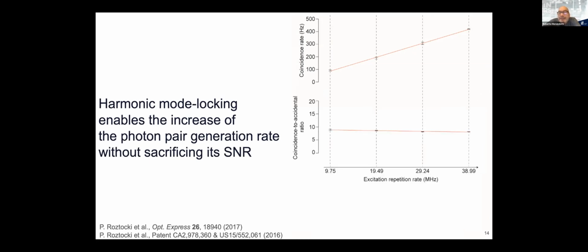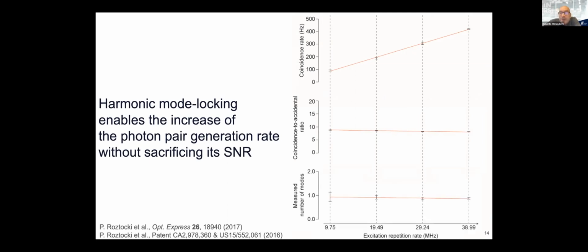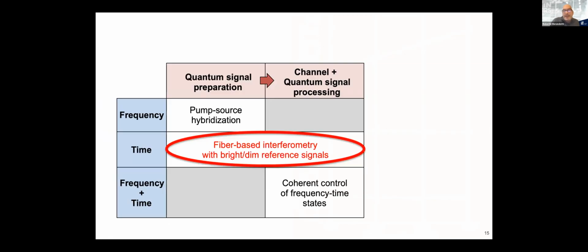And then we can see that the coincidence to coincidence ratio, which is the quantum equivalent of the signal to noise ratio, stays constant. And also we can still work with nice single modes. So this schematic is very promising, and we are still working on that.